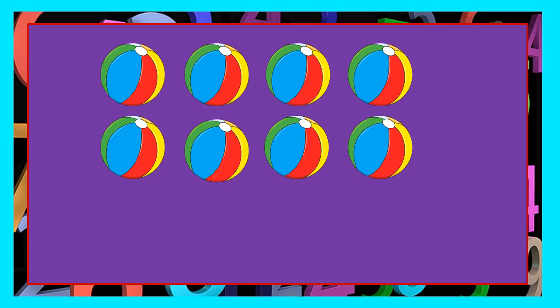Isa pang halimbawa, meron ako ditong 8 bola. Kung hahatiin ko to sa 2 grupo o 2 pantay na grupo, ilang bola ang meron sa bawat grupo? So, tignan natin.